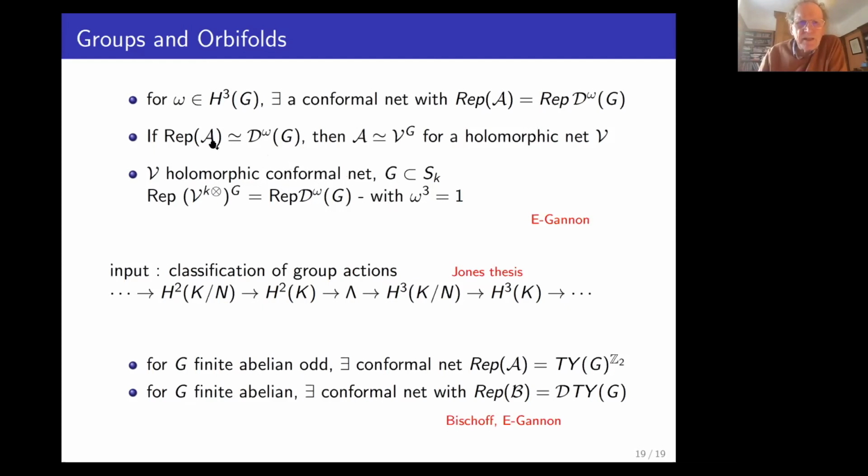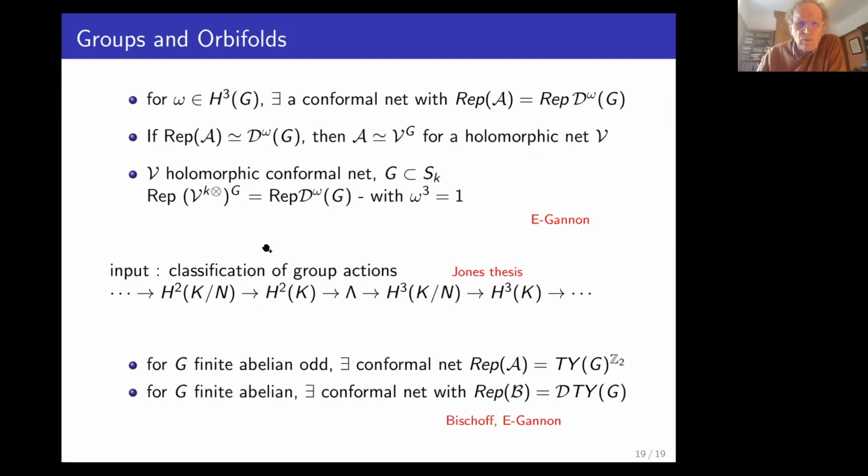And in particular, constructing conformal nets associated with doubles of groups, as in the one up here, even with the twists with these three cocycles. And also this, if the representation ring is of this form here, then it's the fixed point algebra under a holomorphic net.